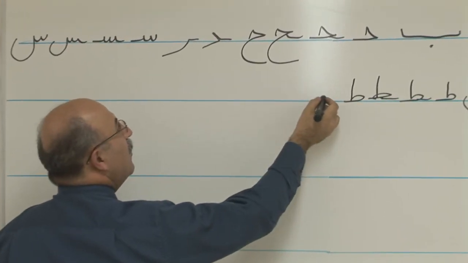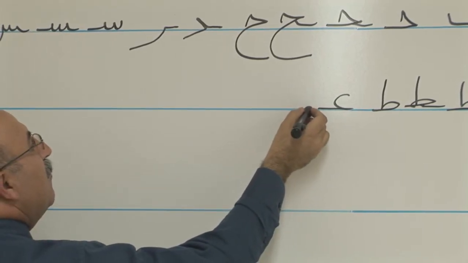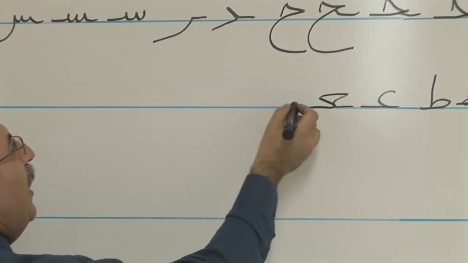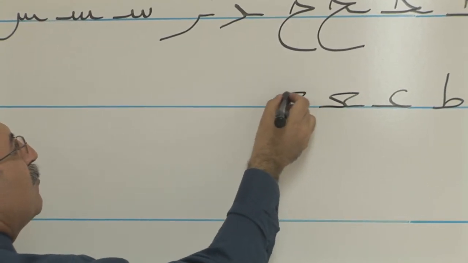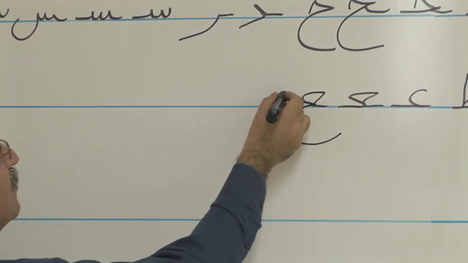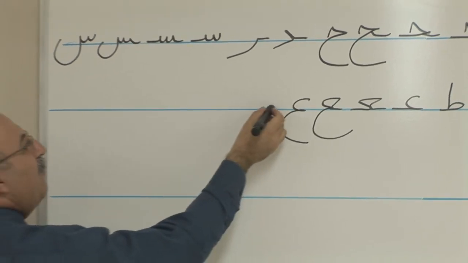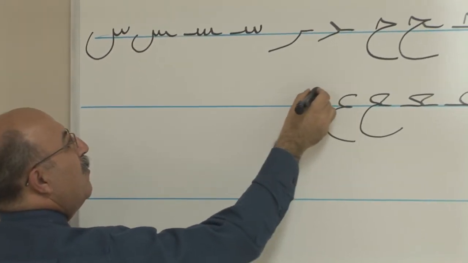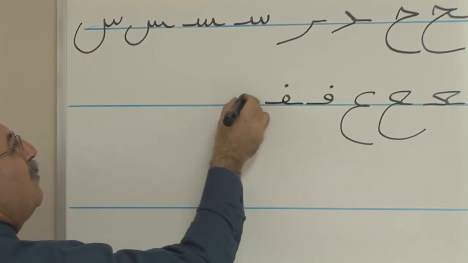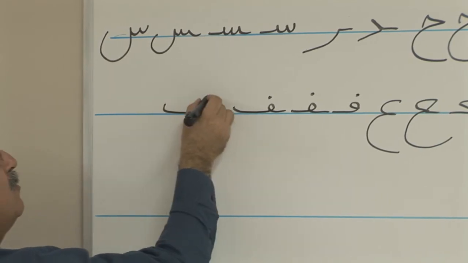Ain has the initial, the middle, which looks different, and the terminal also looks the same as the middle, and of course, the standalone. And fe: initial, middle, terminal, and standalone.